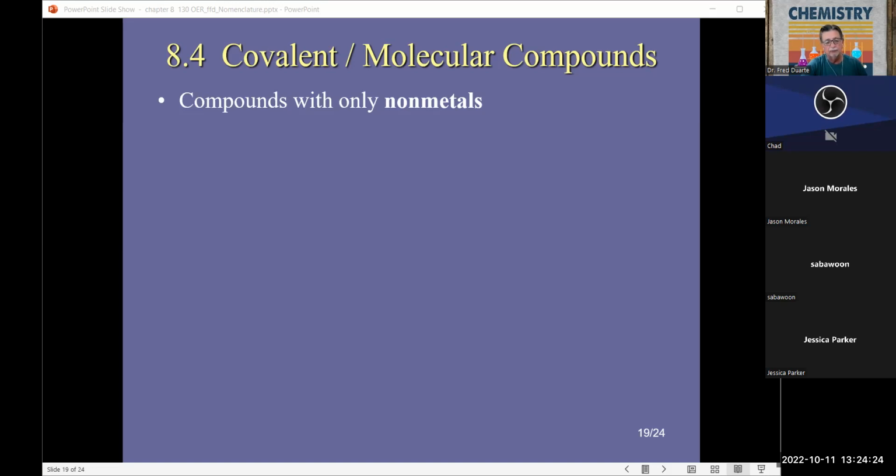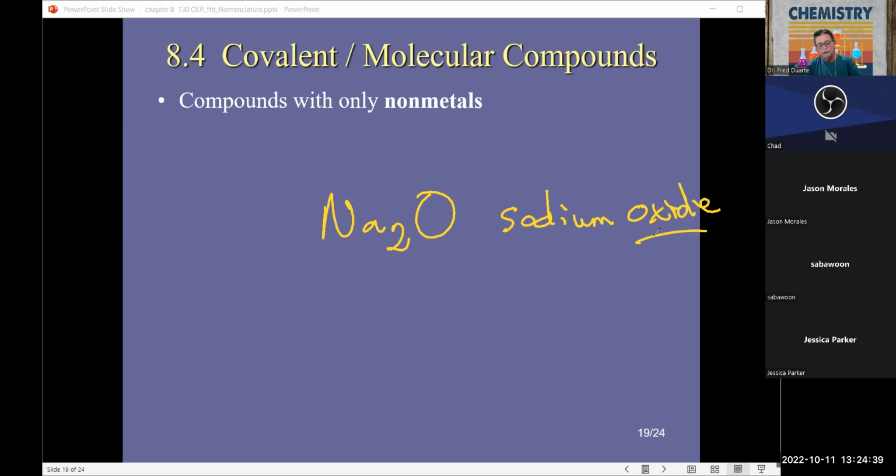For example, sodium oxide: the name for oxygen is oxide. Now, if this was a covalent compound, carbon monoxide, notice the oxide remains the same.